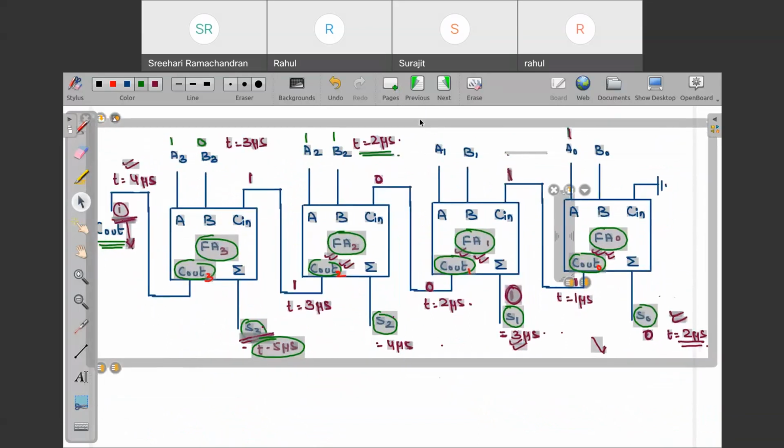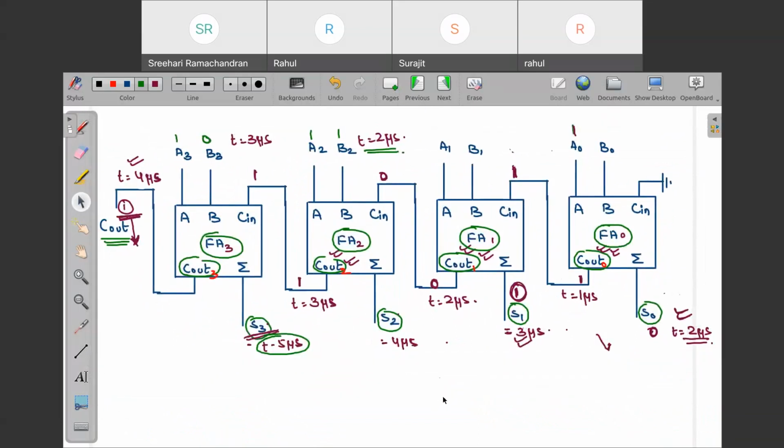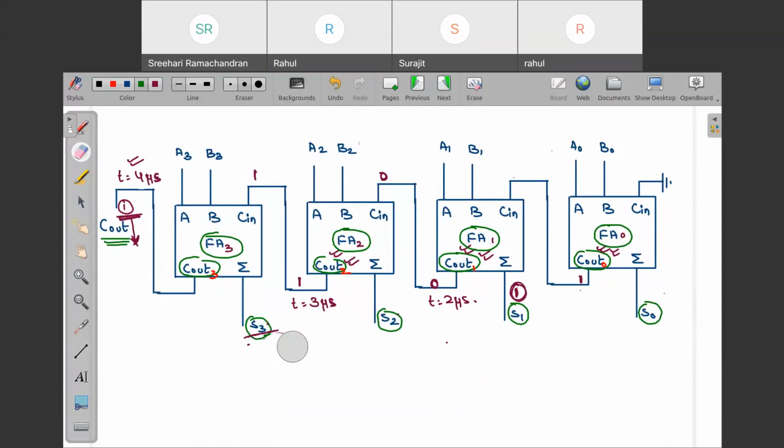See, if I had taken one example like this, worst case delay means all the full adders are suffering from delay.